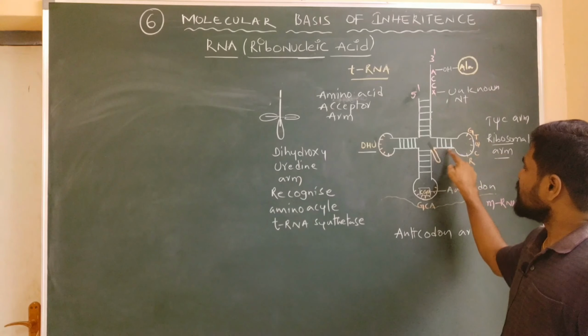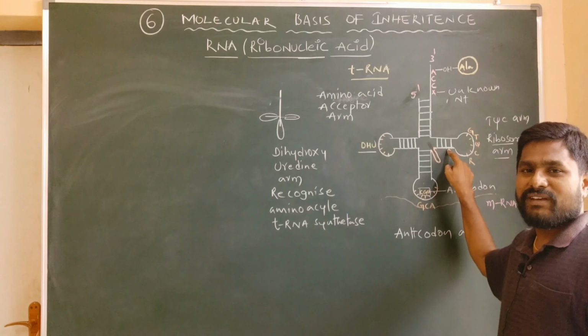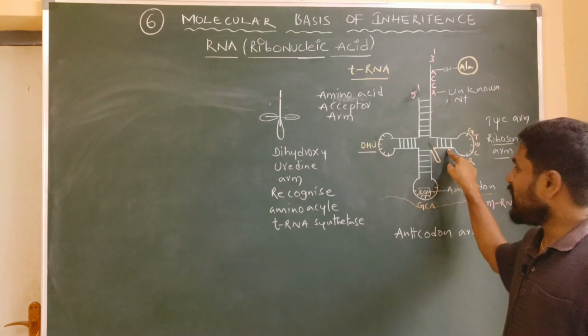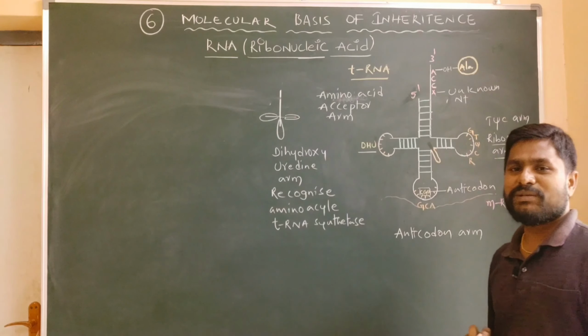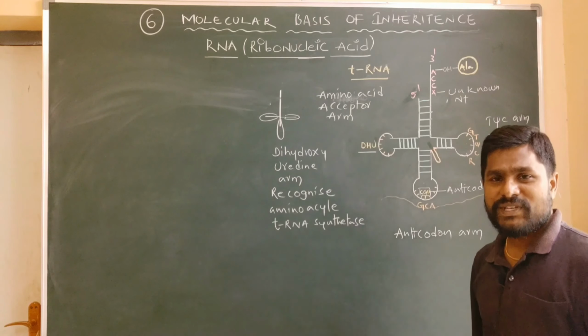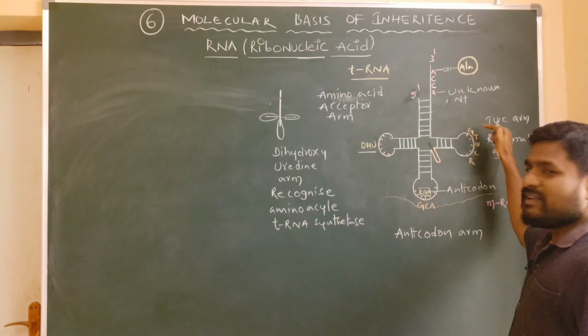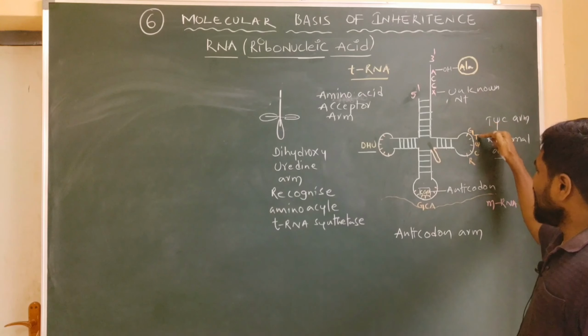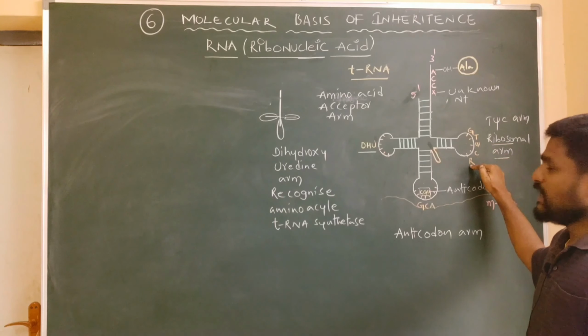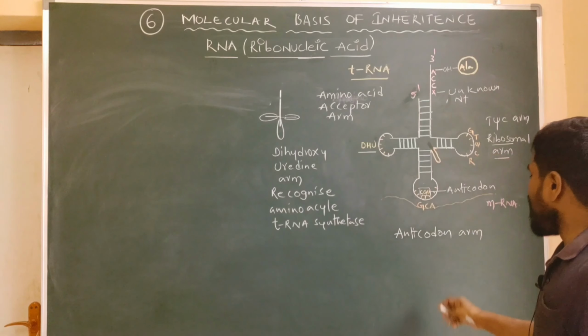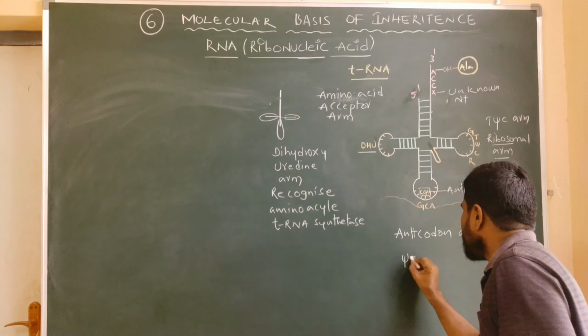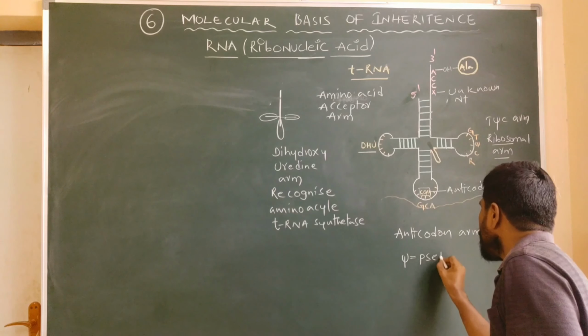It also consists of a stem region having 4 base pairs and a loop region. The loop region has unpaired nucleotides such as G, T, Psi, C, R. Here Psi is an unusual nucleotide called pseudouridine.